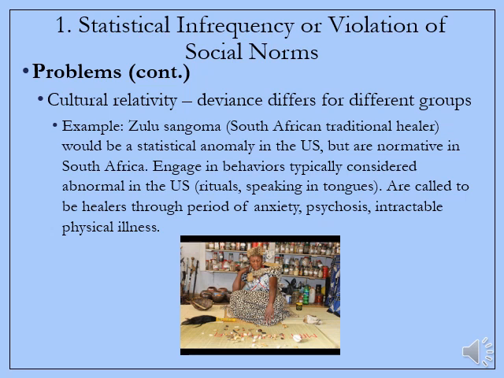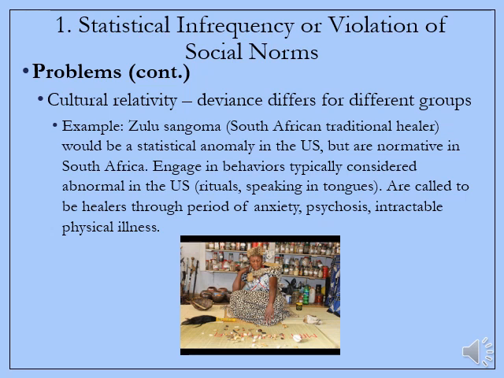In addition, the way that a Sangoma is chosen or identified within Zulu culture is that they go through a period, typically in late adolescence or early adulthood, where they have a lot of anxiety. They might even have psychosis, where they're seeing and hearing things that other people don't. They feel that they're speaking directly to God. And they also might have untreatable physical illnesses.